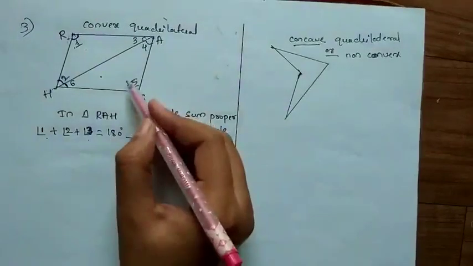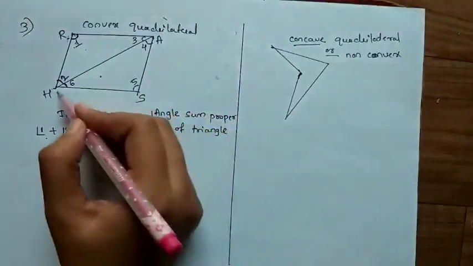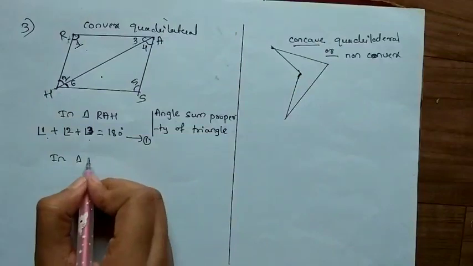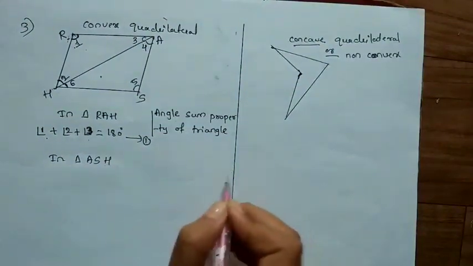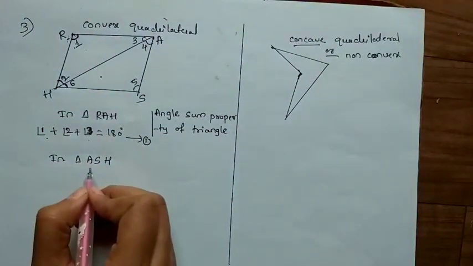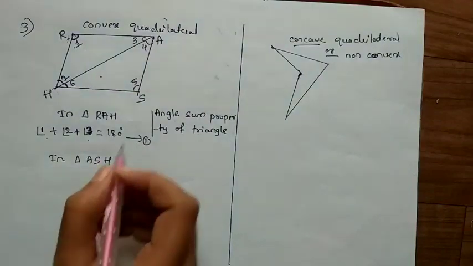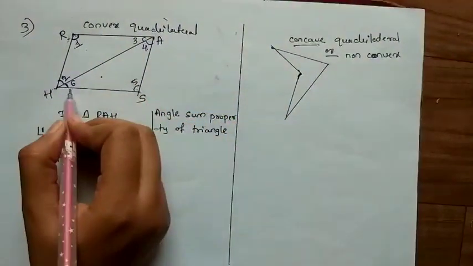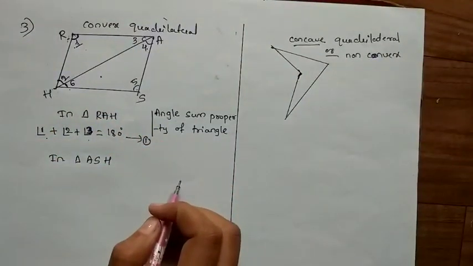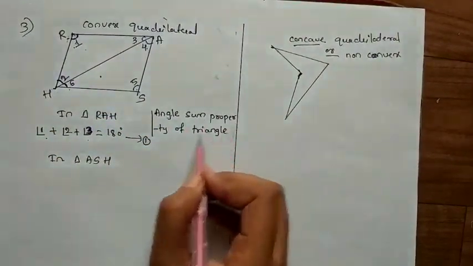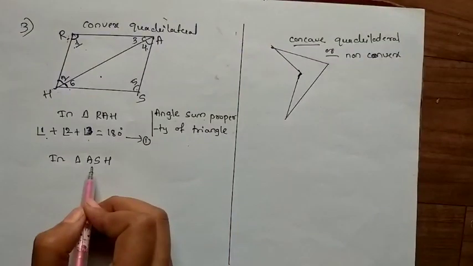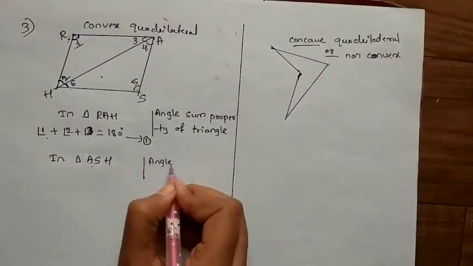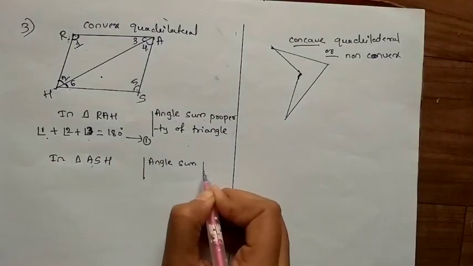Here we have one more triangle, ASH. In triangle ASH, the angle names are angle 4, angle 5 and angle 6. Again I am applying the angle sum property of triangle.